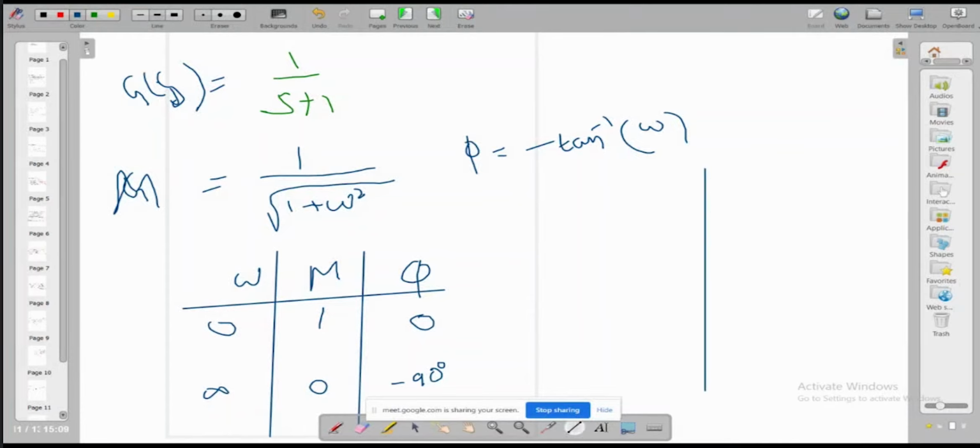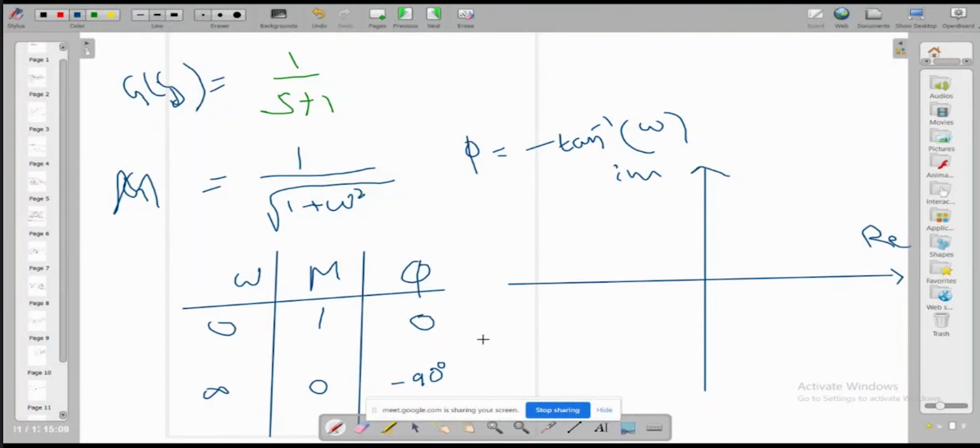So you can draw the polar plot. This is the real axis and this is the imaginary axis.